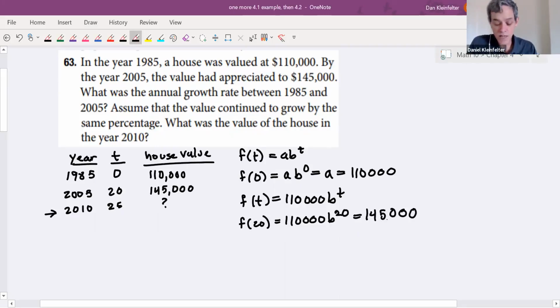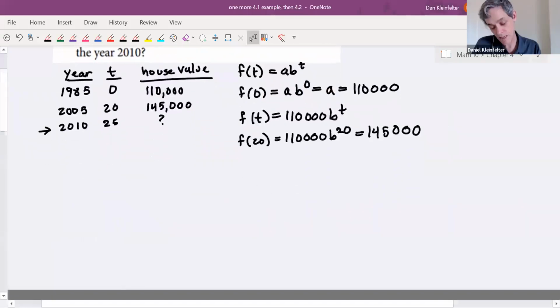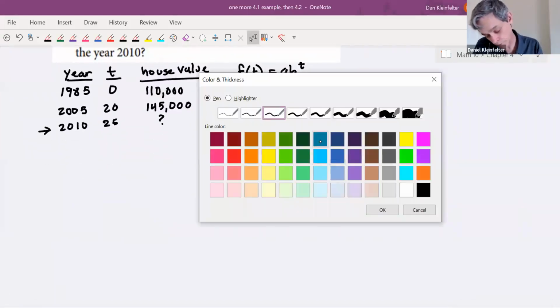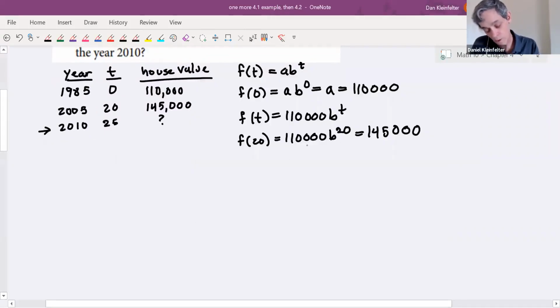So this gives us an equation in b that we're going to be able to solve. So let's do that right now. We have 110,000 b to the 20th power equals 145,000.